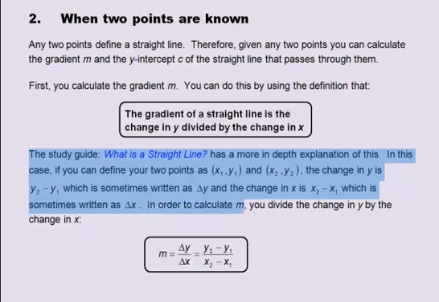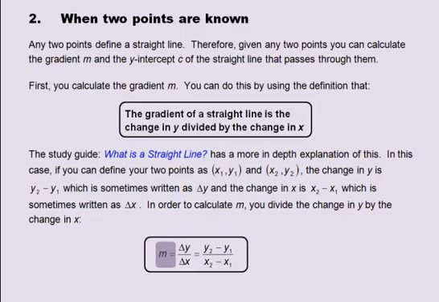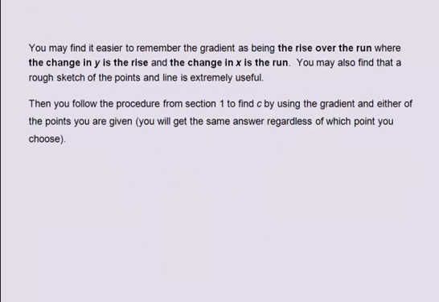In order to calculate m, you divide the change in y by the change in x. m = delta y over delta x, which is the change in y over the change in x, which equals (y2 minus y1) divided by (x2 minus x1). You may find it easier to remember the gradient as being the rise over the run, where the change in y is the rise and the change in x is the run.